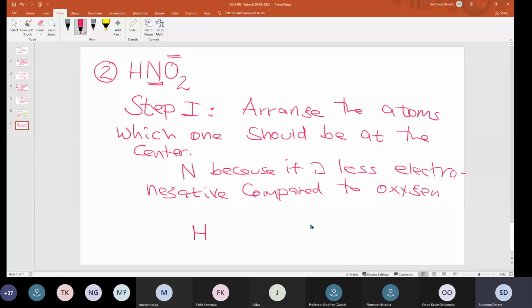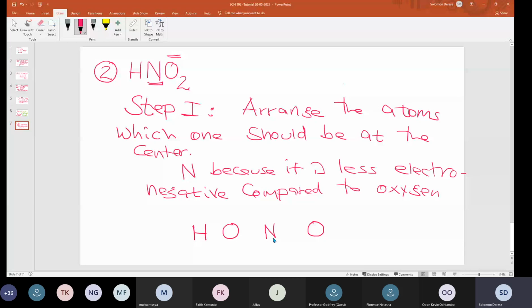Now we'll have oxygen, we'll have a nitrogen, you will have another oxygen. So the hydrogen, as you can see, is on the outside. We have the two oxygens and the nitrogen. We have decided to put the nitrogen in the middle because it is the least electronegative atom.